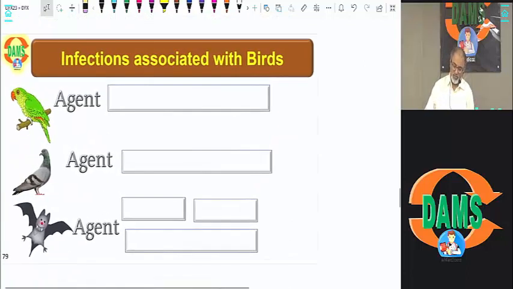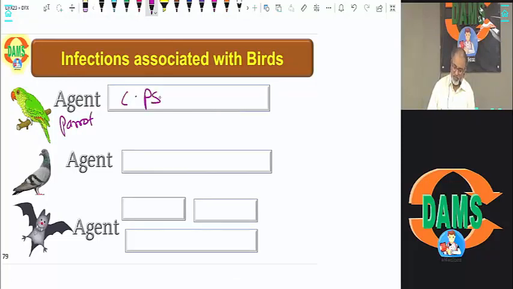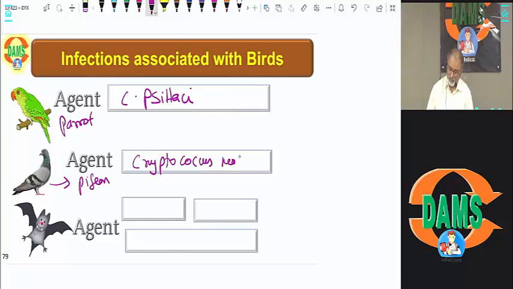Parrot fever, psittacosis, Chlamydia psittaci. This is pigeon. Pigeon droppings are associated with Cryptococcus neoformans. Bat.